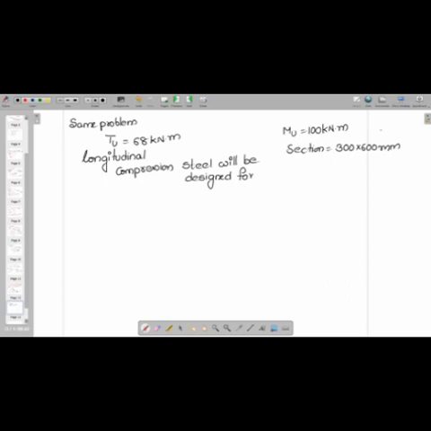Now see, students, here in this problem, the solution is: moment due to torsion. Moment due to torsion is given by the formula Tu into 1 plus d by b upon 1.7.